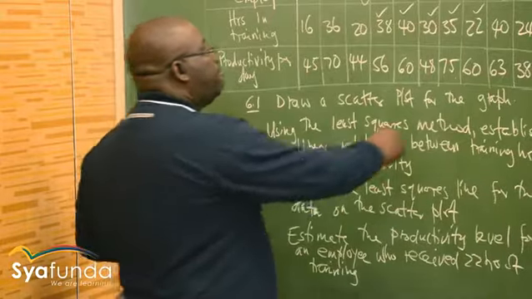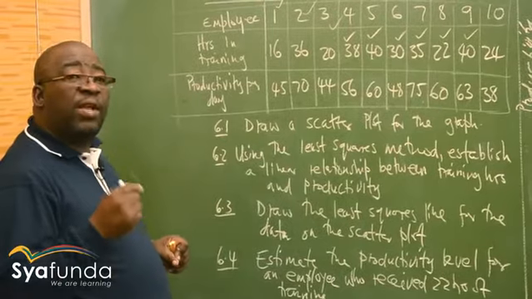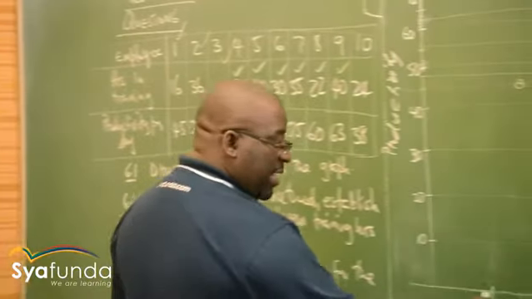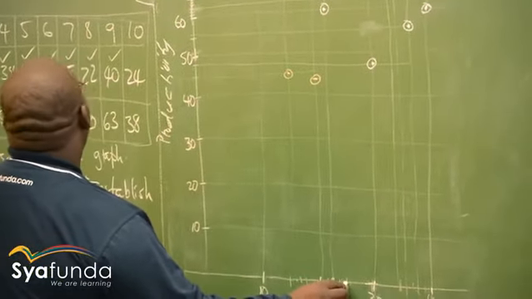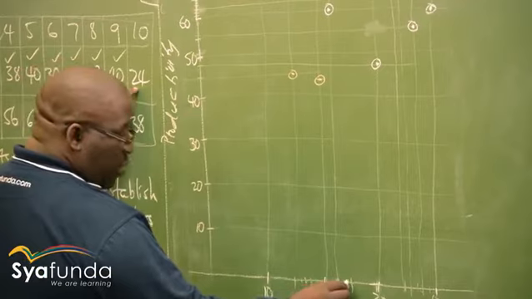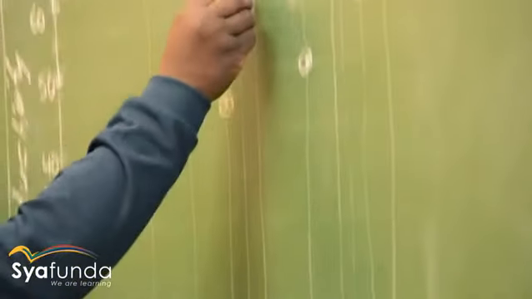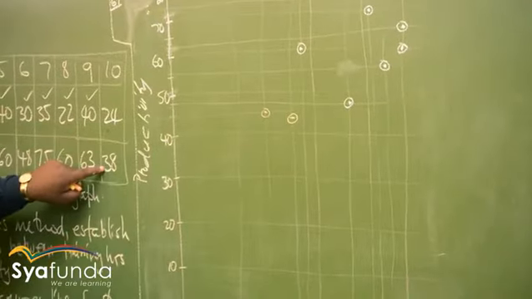The last one is 24 and 38. Let's look at those. X is 24. This is where 20 is. 21, 22, 23, 24, 25 is there, but we're looking for 24, which is just here. 24 goes with 38.